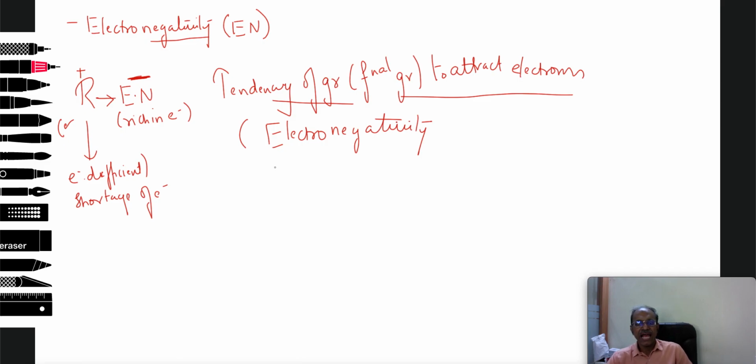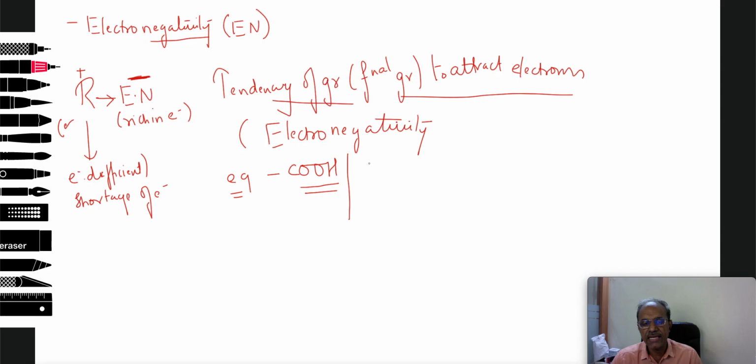Electronegativity, and the elements which do it, or the functional group or a particular element. There are elements and also groups of atoms, you can say functional groups. For example, I'll give you an example. The functional group COOH, that is carboxylic acid, shows electronegativity.